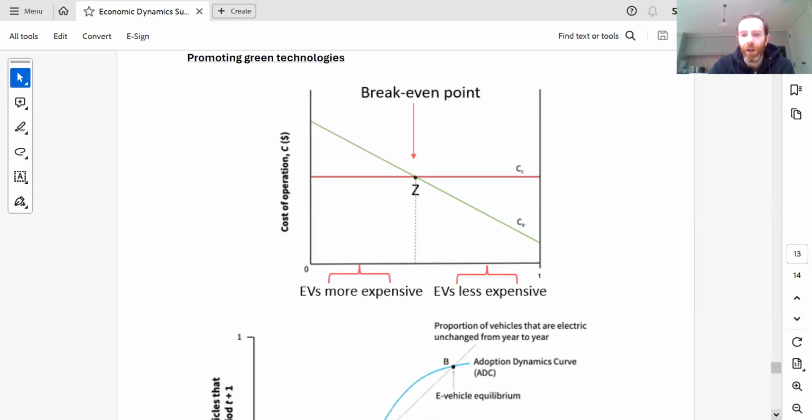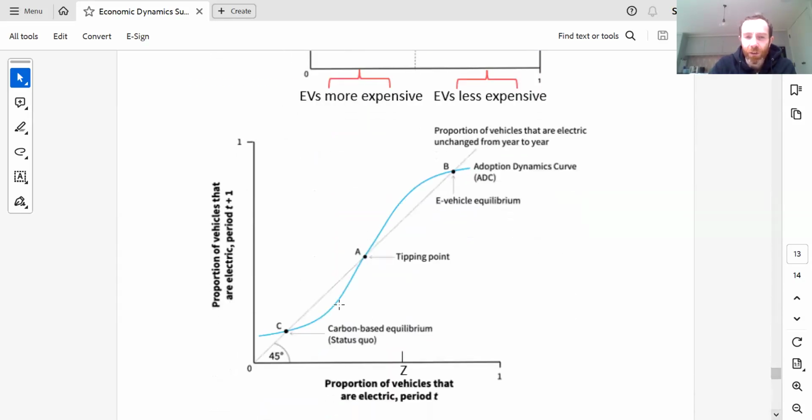And I guess what we see on this diagram is we have this key bit in the middle, this tipping point. This tipping point where if there was a big enough shock, so let's imagine this is where we're starting off, I'll call it P1.